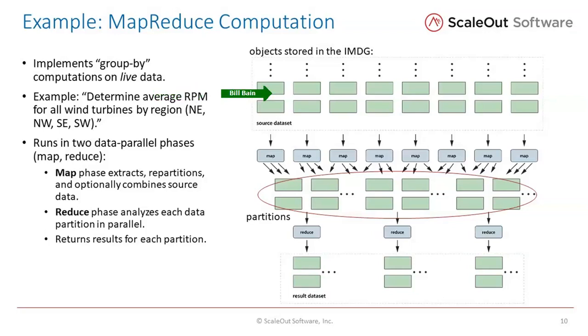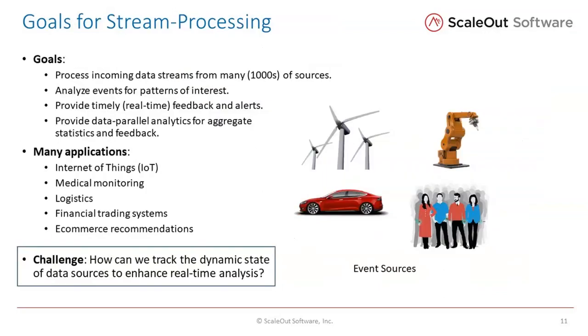Moving forward, let's now talk about stream processing, now that we have looked at all of the basic tools that we need to implement stream processing and data parallel analytics. Some of the challenges or goals for stream processing, which have been around for many years, are to process data streams, events coming from data streams or commands to devices from thousands of sources, and to analyze these events for patterns of interest and provide either feedback to the data sources or alerts to humans.